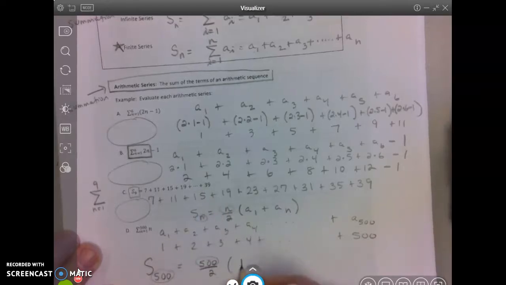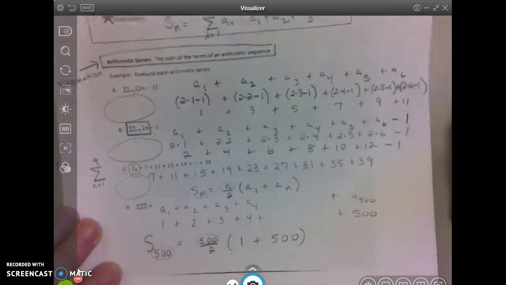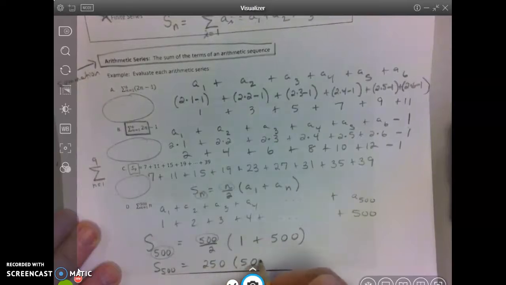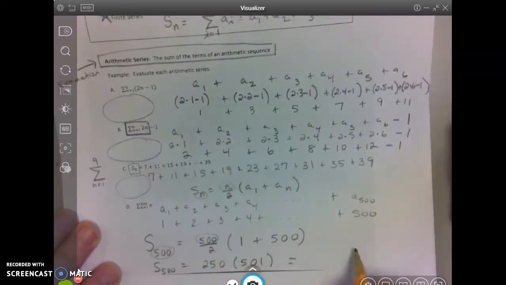Times the first term is 1, and the last term is 500. So we have S sub 500 equals 250 times 501. So I go ahead and I put that in my calculator, and I will get the sum of the first 500 numbers.